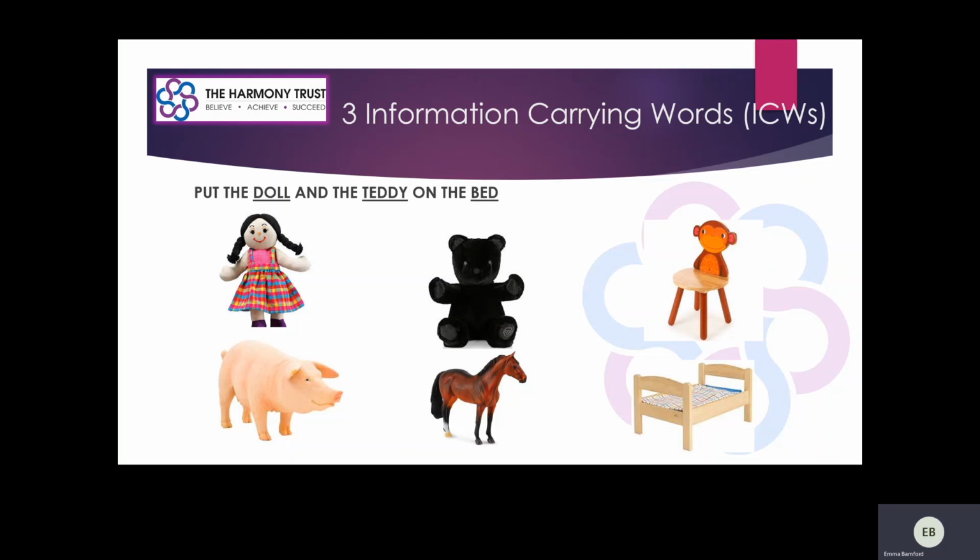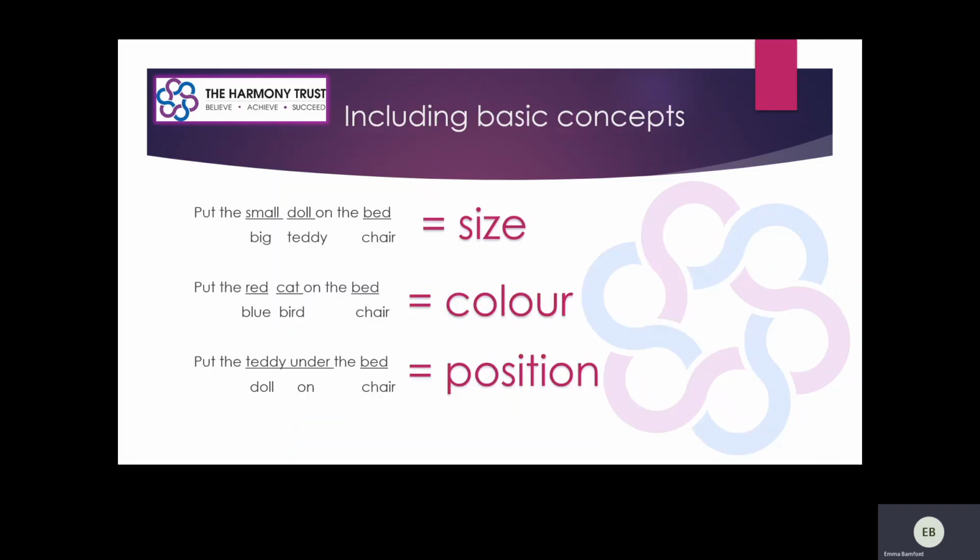The big difference in instructions we can give here is we can include basic concepts, such as size, colour and position. So we can use activities to both teach and reinforce concepts, and we can also then encourage the child to use the concept.